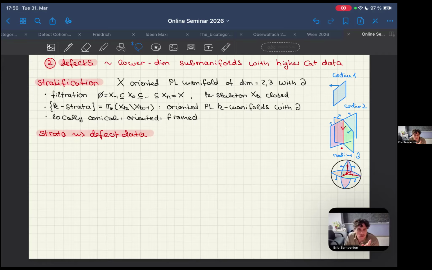So when you say that the K strata are oriented PL K manifolds with boundary, can you say something about that middle example there, the codimension 2 example? If I look at the 2 stratum, it's like those colorful 2 cells? Yes, these are the 2 strata, yes. But I'm a little confused what you mean. Like if I remove that red 1 cell. Yeah, so I should have said this.